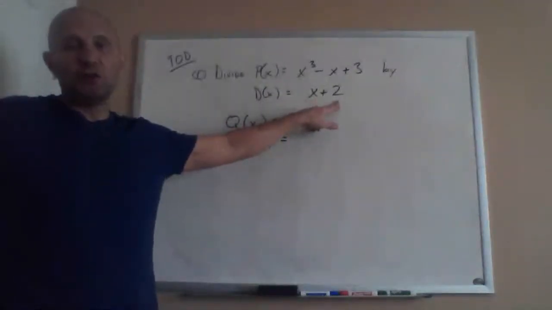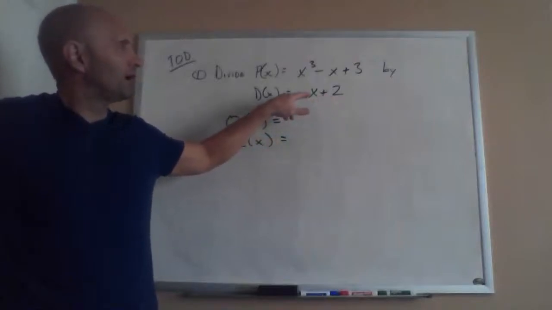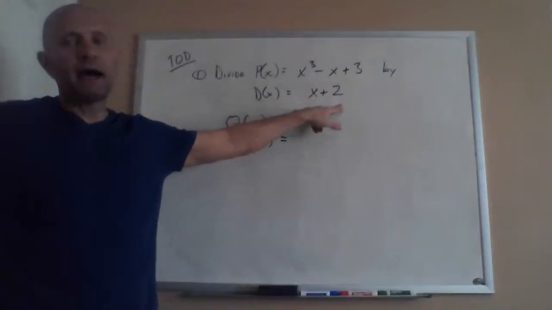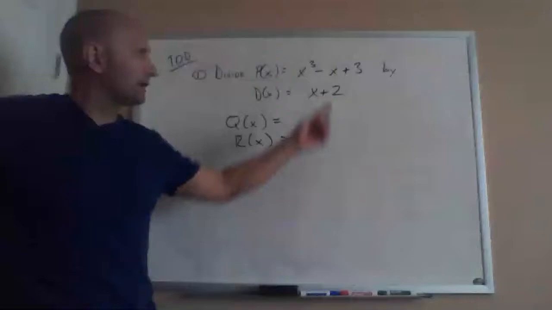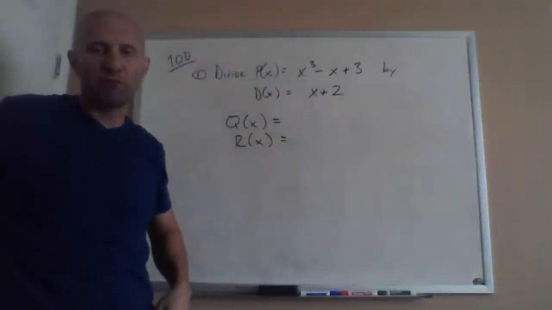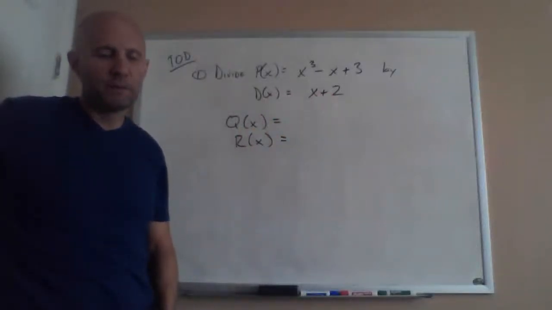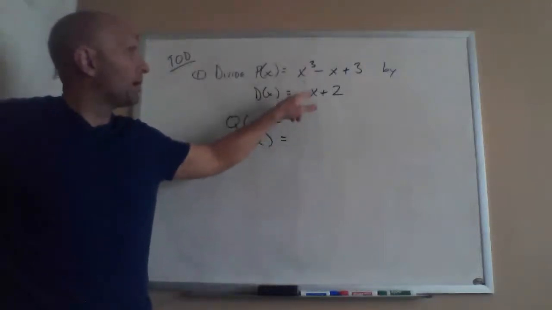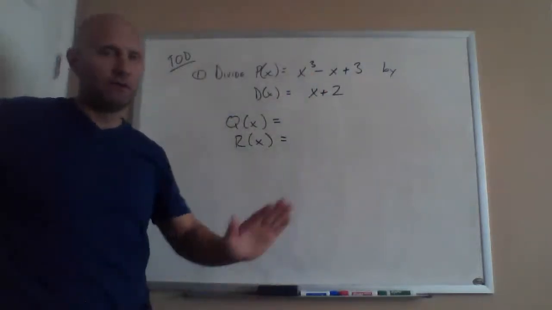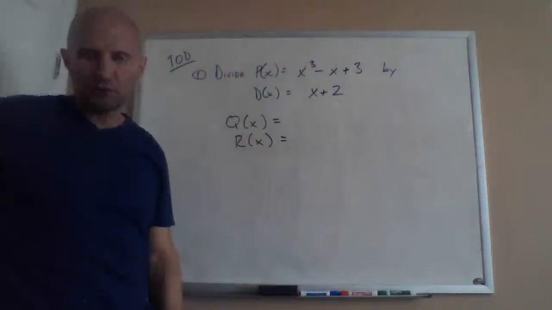If this was a fraction, you could still do it. So if this said x minus a half, you could still do synthetic division. It's just you're going to have a fraction out in front instead of an integer. That's okay. But it always has to be 1x to the first power. If it's not, you can't do synthetic division.